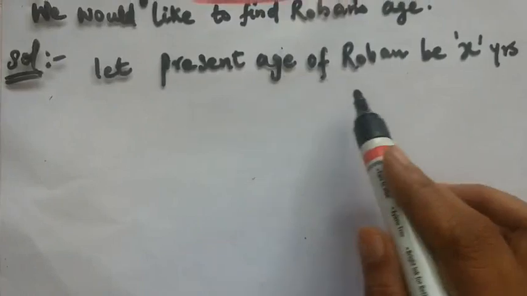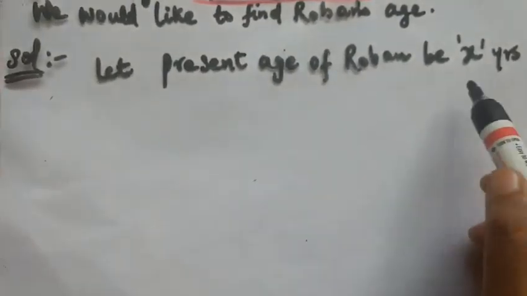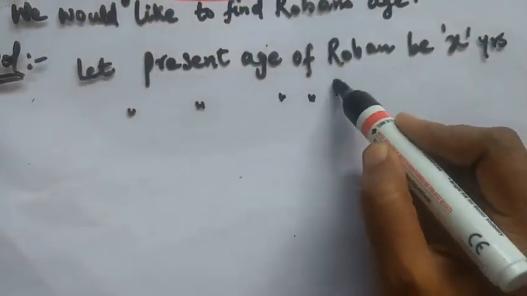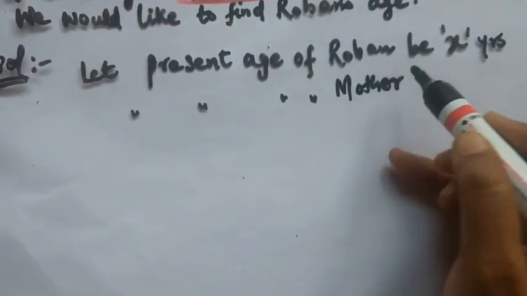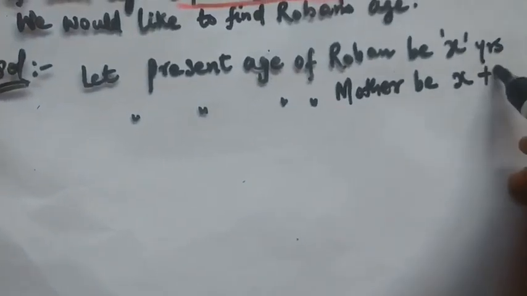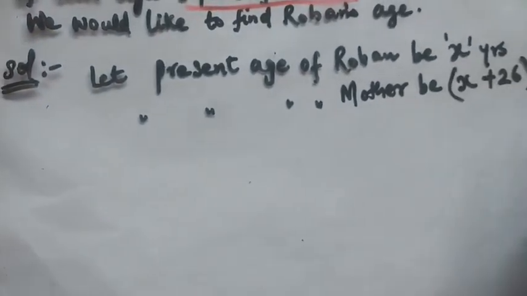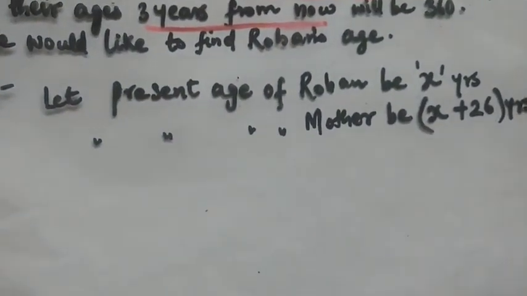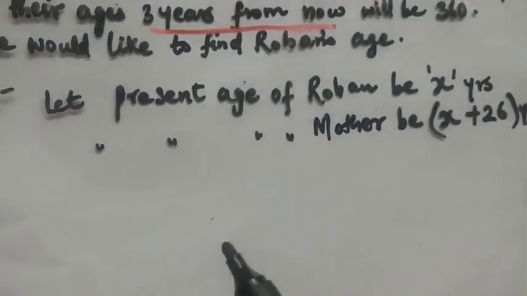Now let present age of Rohan be X years. Then what will be the present age of mother? As per the question, X plus 26, because the mother is 26 years older than him. Older than him means 26 years extra than him. Then we are ready with this.